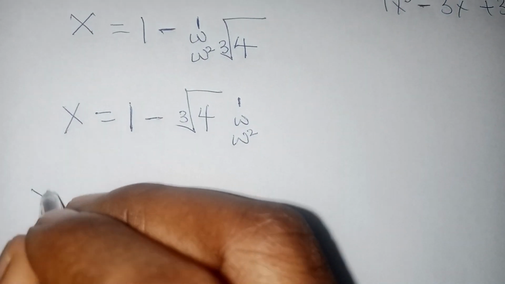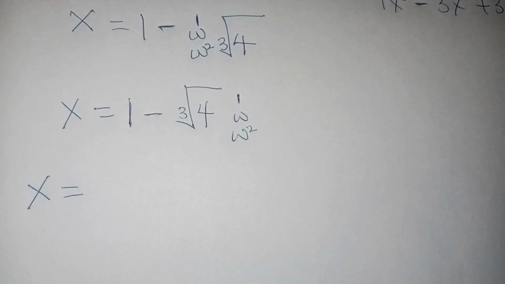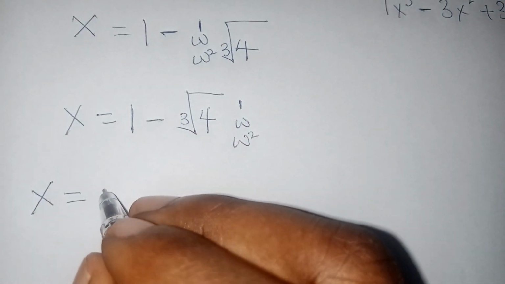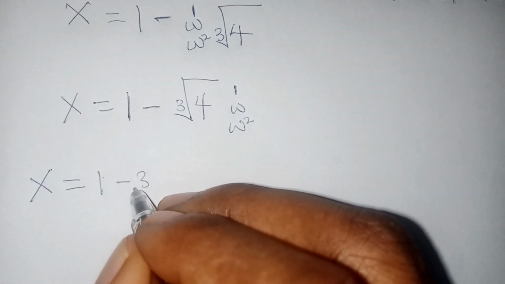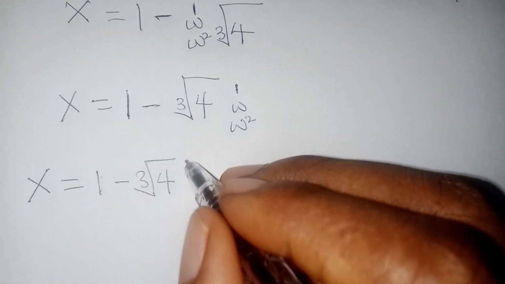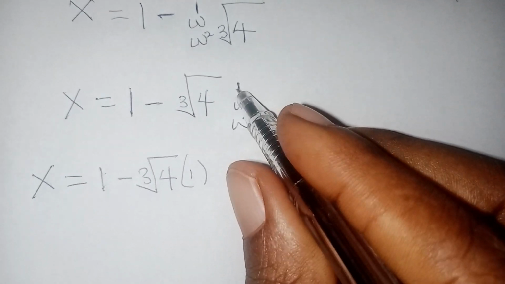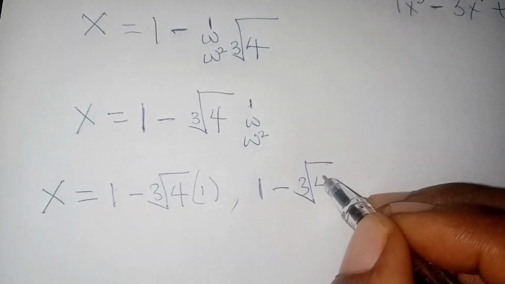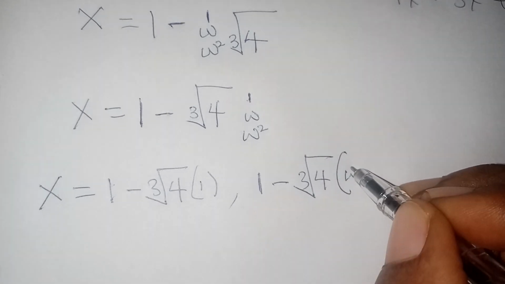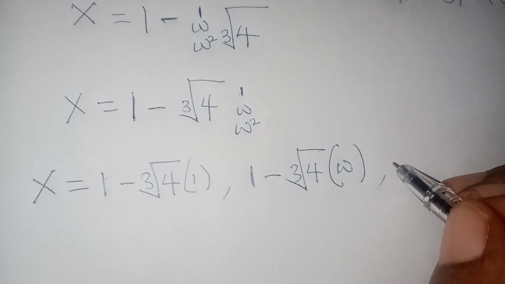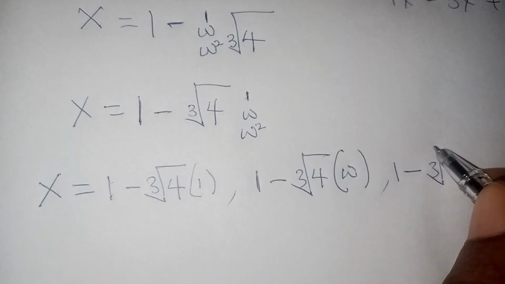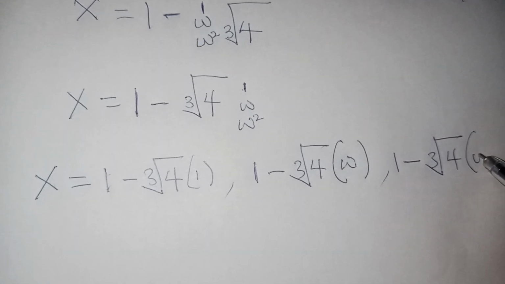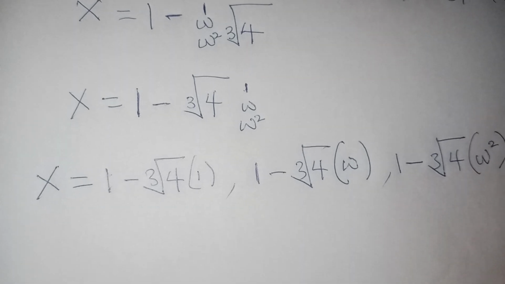Now to get our 3 solutions, we're going to say 1 minus cube root of 4 multiplied by 1. The second one will be 1 minus cube root of 4 multiplied by omega. And the third is 1 minus cube root of 4 multiplied by omega squared.